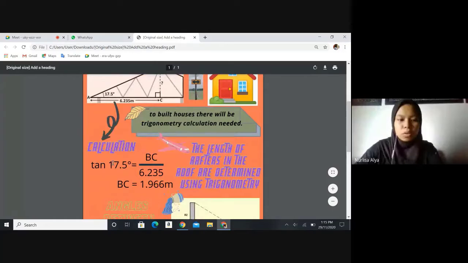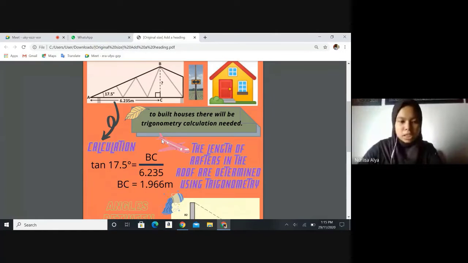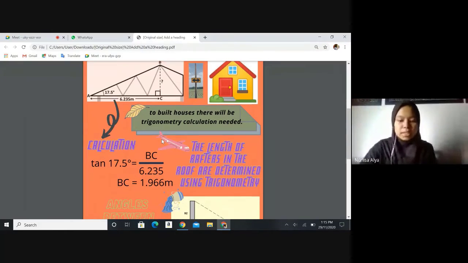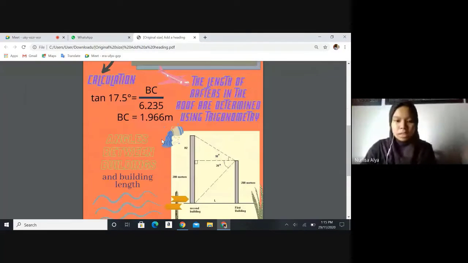So we need to use the TOA formula, which is tangent equals opposite over adjacent. We substitute the value: tangent 17.5 degrees equals BC over 6.235. Then we calculate and get BC is 1.966 meters. That one is for the house.